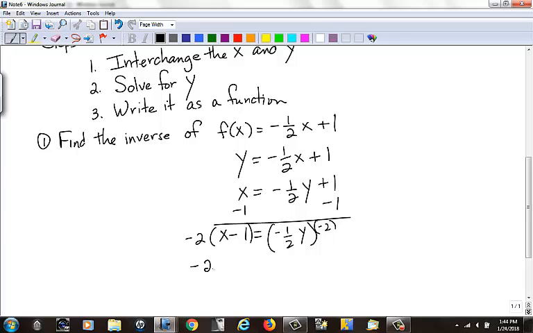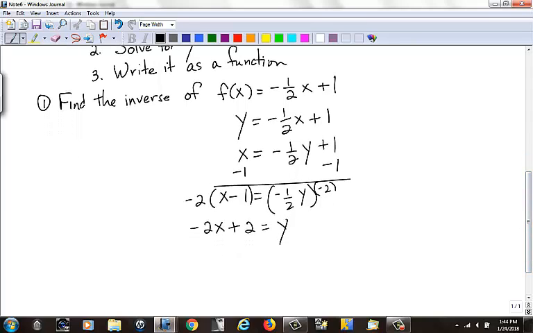Okay, and then that'd be negative 2x plus 2 equals a positive y. And that is the inverse, but they will write it in the function notation.